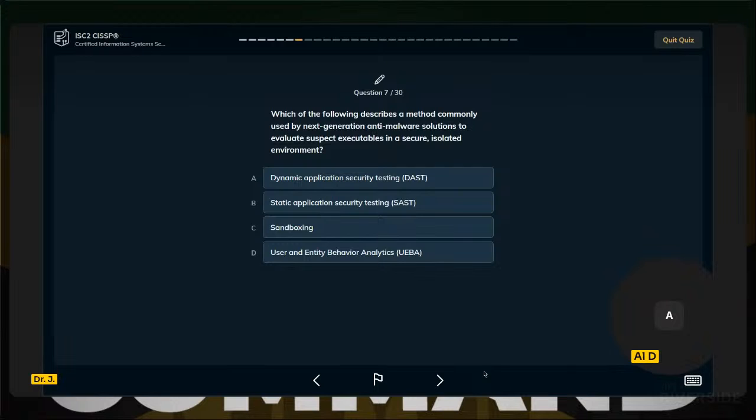All right, which of the following describes a method commonly used by next generation anti-malware solutions to evaluate suspect executables in a secure, isolated environment? I first looked at sandboxing.